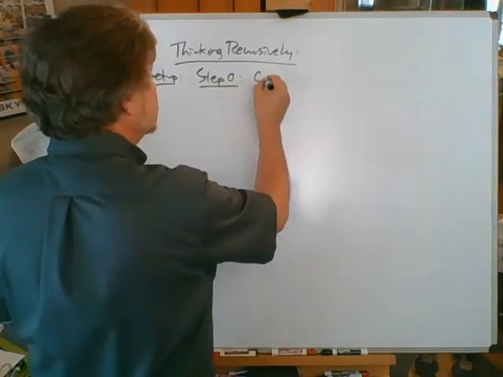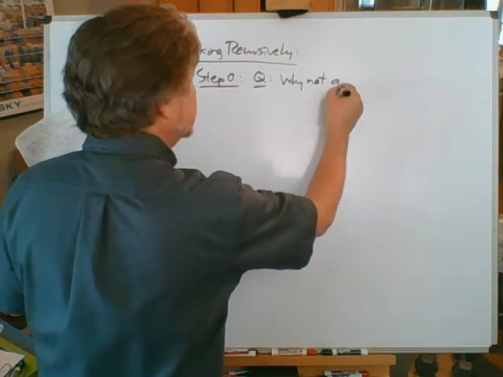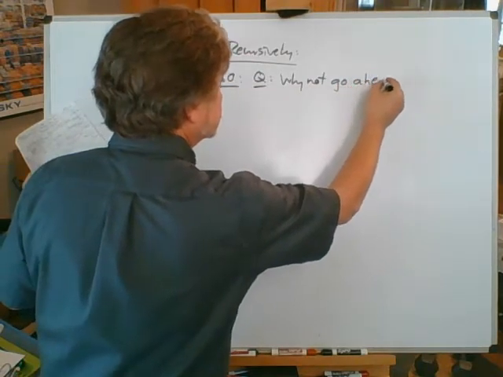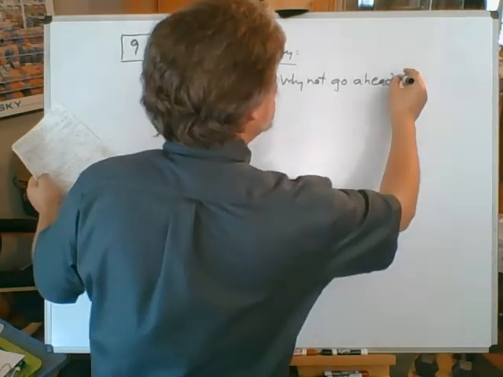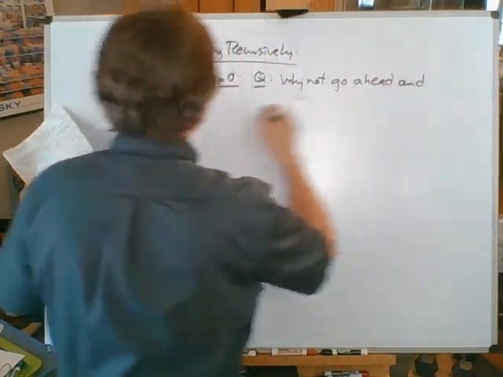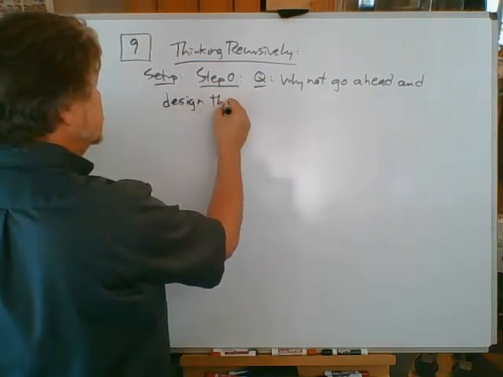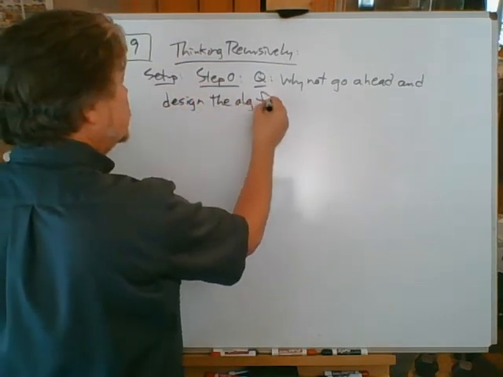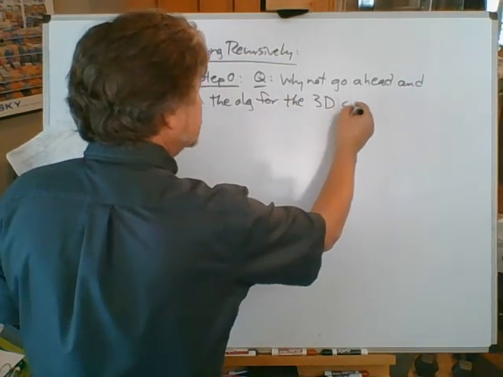I'm going to start step 0 with a question. Let's be general about this so it works in a variety of cases. Why not go ahead and design the algorithm for the 3-dimensional case? Wouldn't that be cool?